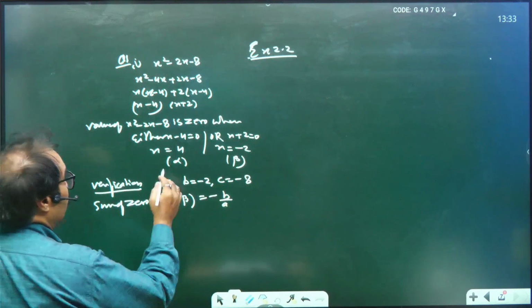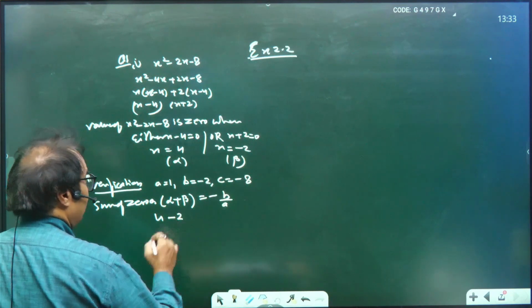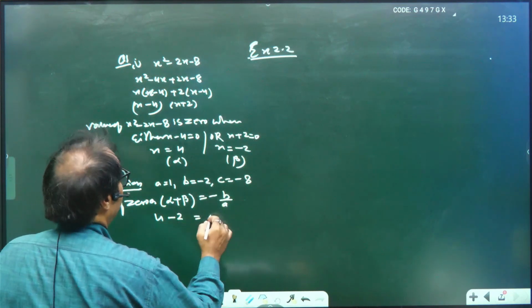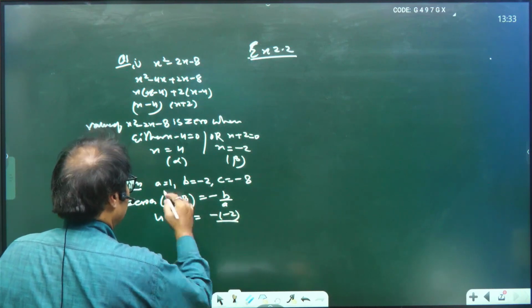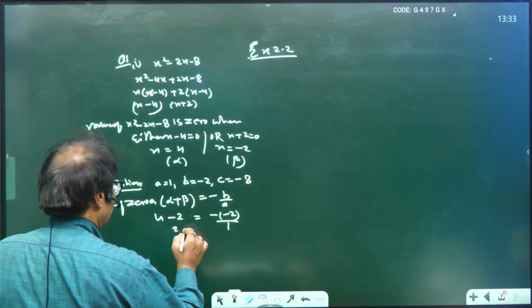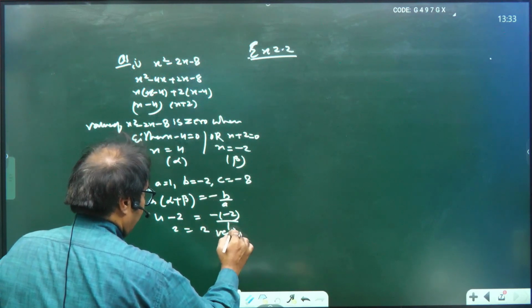The alpha value is 4 and the beta value is minus 2, so 4 plus minus 2. And this is minus b, and what is b? Minus 2, and what is a? a is 1. So 4 minus 2 is equal to minus minus 2, which is plus 2, hence it is verified.